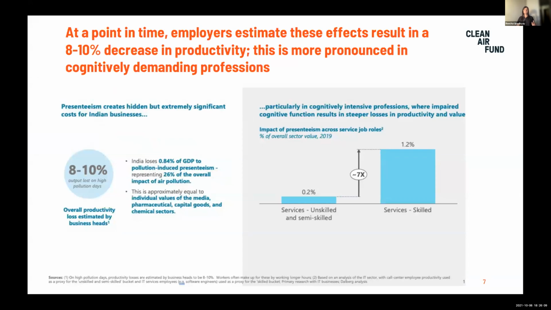The hidden cost of presenteeism is very, very significant. And it is the most significant in the high-skilled workforce who, like I said earlier, were not able to take time off work. So they would show up at work, but they weren't as productive as possible.